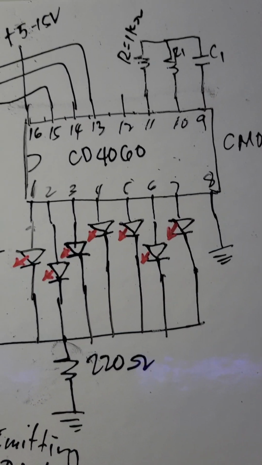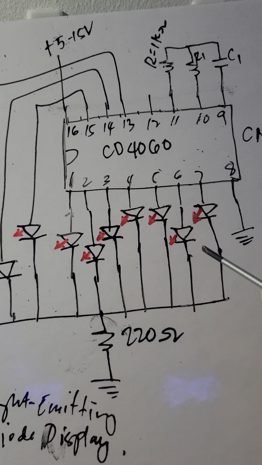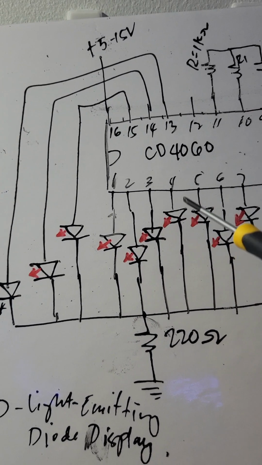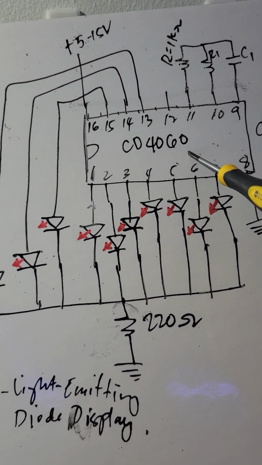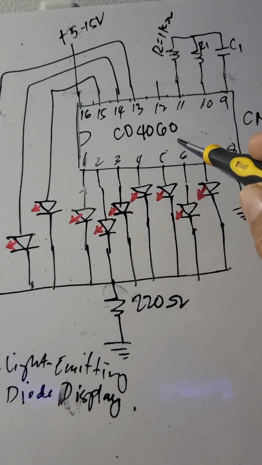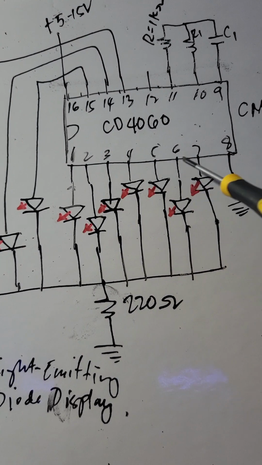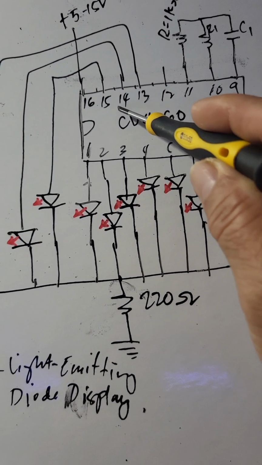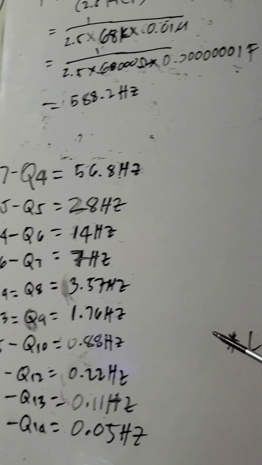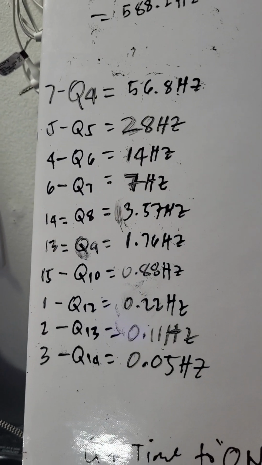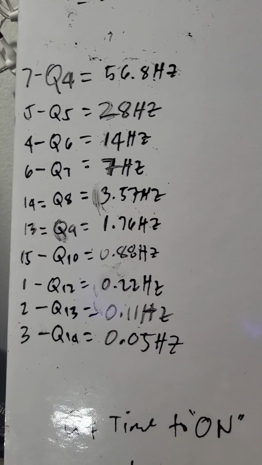Now, this is the output. This IC has 10 outputs: from 1 to 7, then 13, 14, and 15. Here, we tried to compute the frequency of its output.